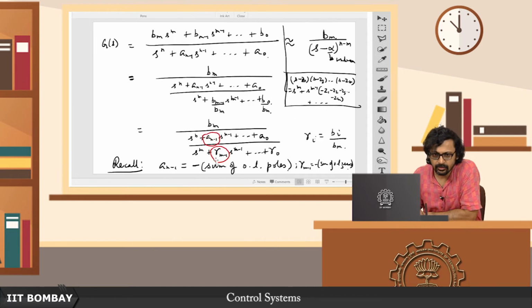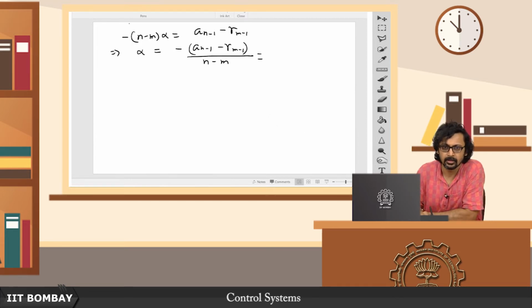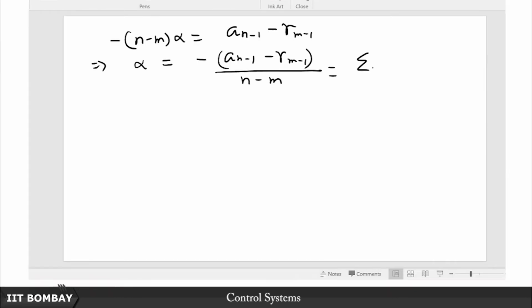recall this expression that we had: a_{n-1} is minus the sum of the open loop poles and gamma_{m-1} is minus the sum of the open loop zeros. So if you absorb this minus sign inside, this is the sum of the open loop poles minus the sum of the open loop zeros, divided by the number of open loop poles minus the number of open loop zeros.